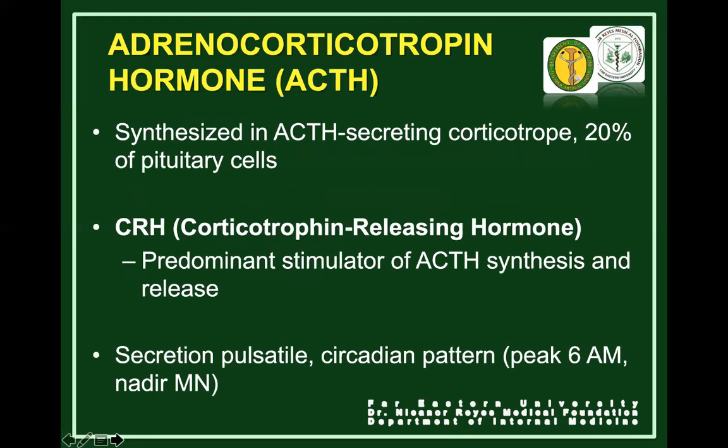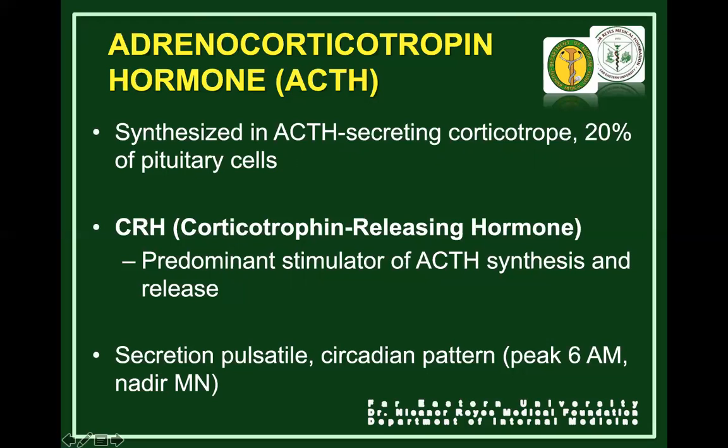Now, your adrenocorticotropic hormone, or ACTH, is about 20% of your pituitary cells. So your pituitary cell is your corticotrope. And it has a releasing hormone in your hypothalamus. And this is the predominant stimulator of your ACTH synthesis and release.